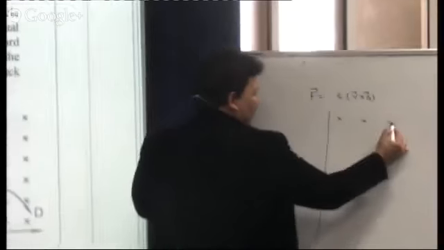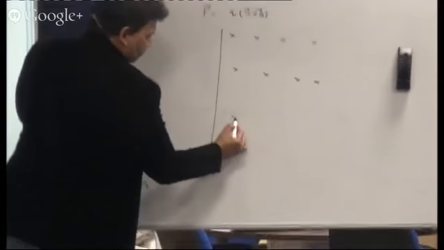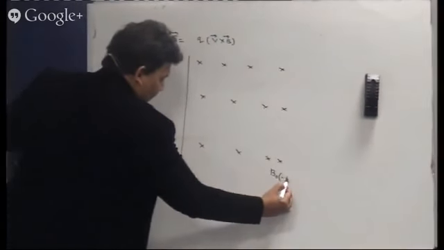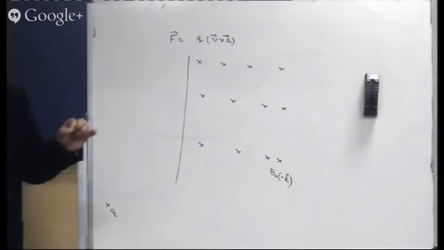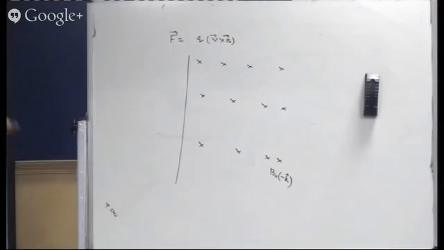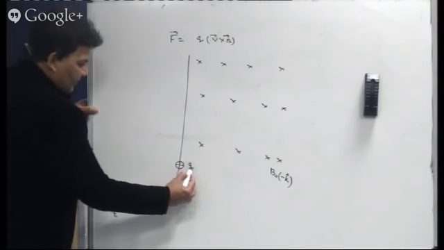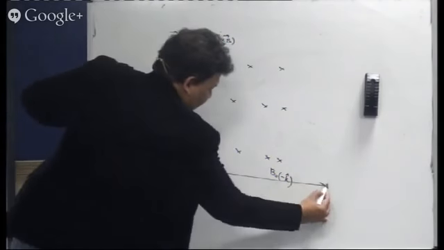Say in this region there is a magnetic field B naught in the minus A direction. Now we are going through a very interesting phase. This is a very important concept. Say a positive charged particle. So this is the y-axis. This is the x-axis.